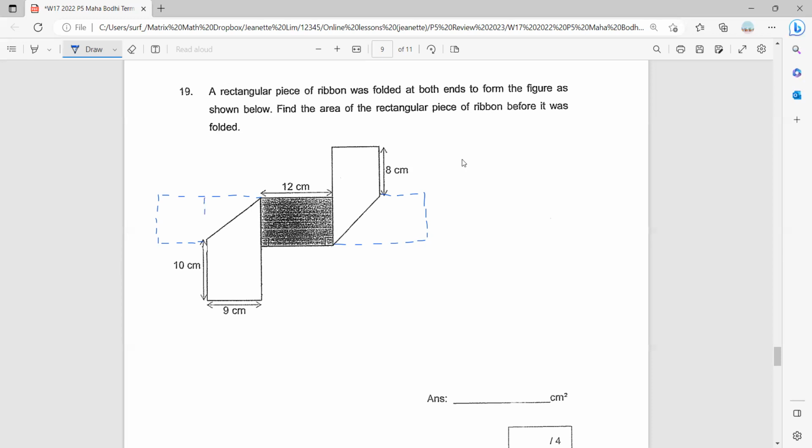Okay, so I'm going to segment this part here. Now, if this is 10, I know this is 10. So this is 10. Then compare, this is 9, so this has to be 9.